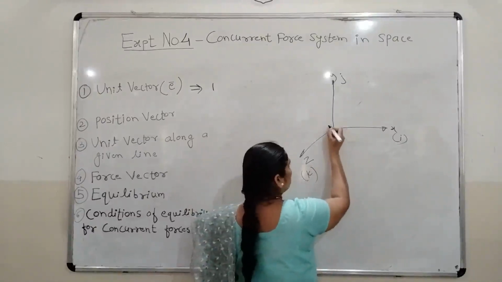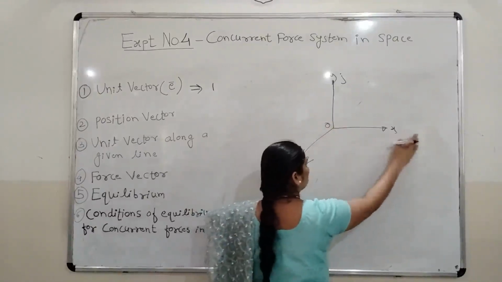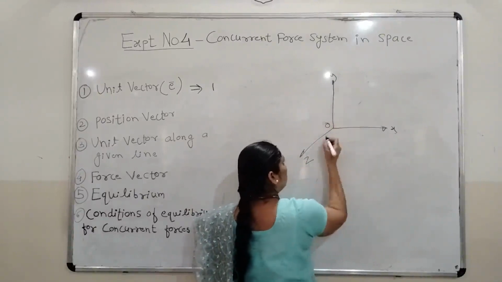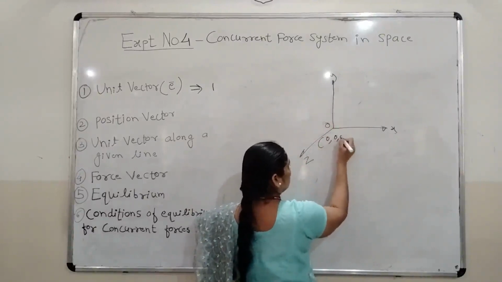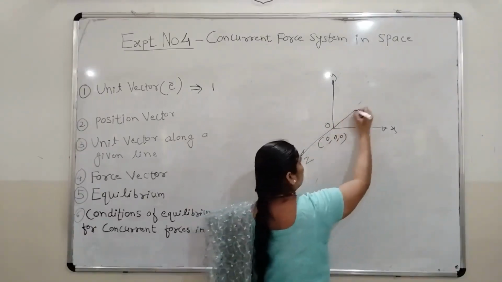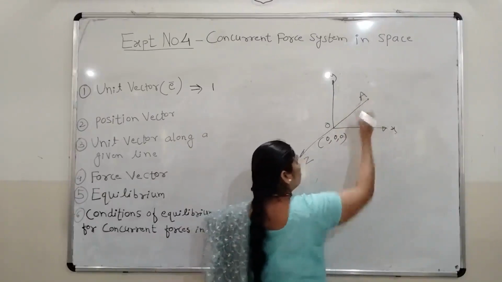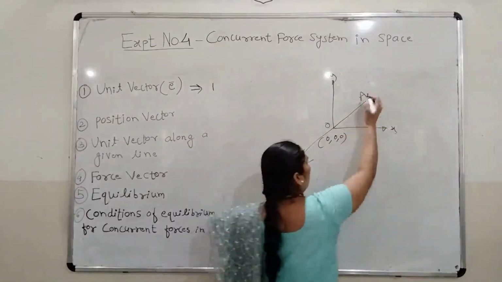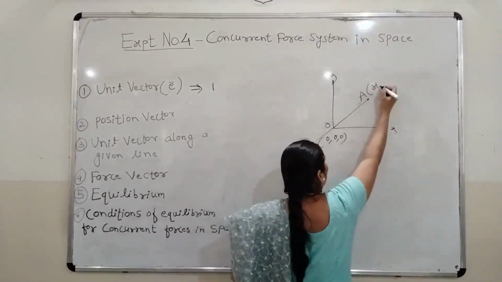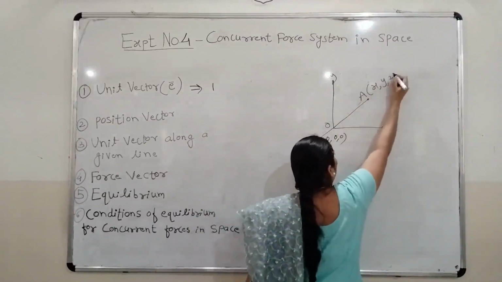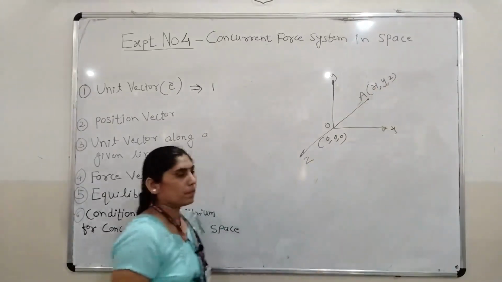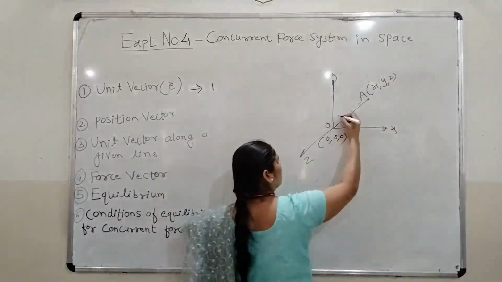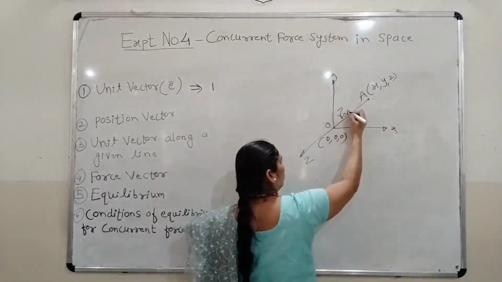Suppose at point O, that is the origin, having the coordinates 0, 0, 0, and with respect to the origin we have to find out the position vector of point A having the coordinate x, y, z. How to find out this position vector OA?